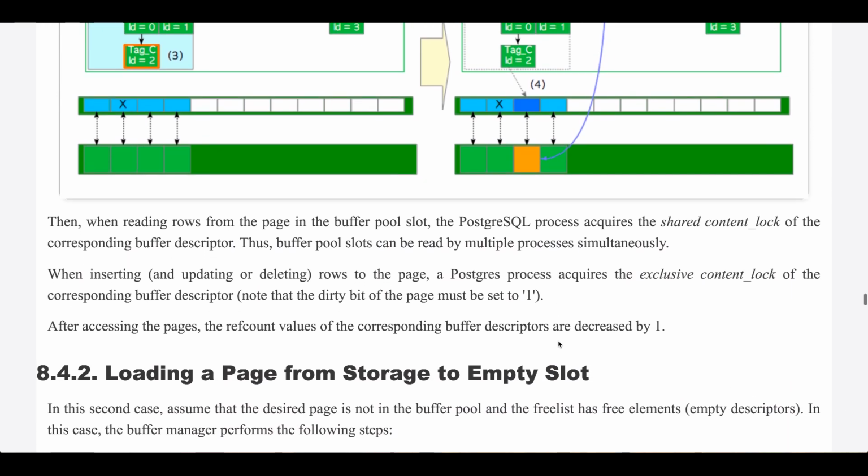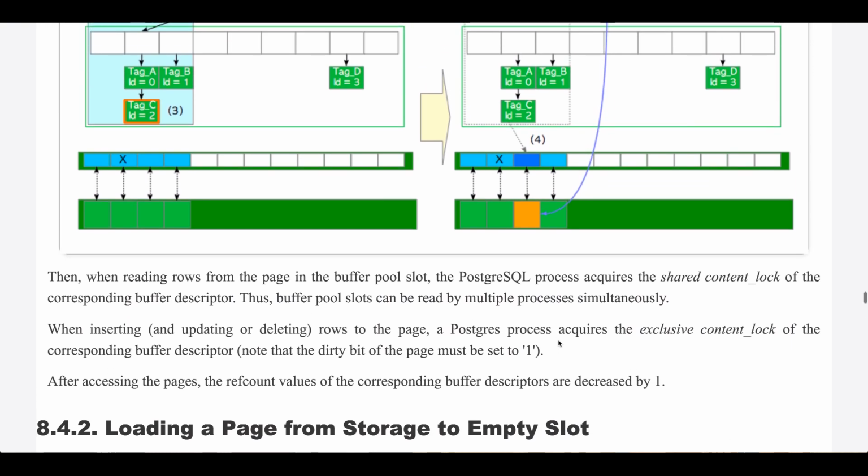Then, when reading rows from the page in the buffer pool slot, the Postgres process acquires the shared content lock of the corresponding buffer descriptor. Thus, buffer pool slots can be read by multiple processes simultaneously.